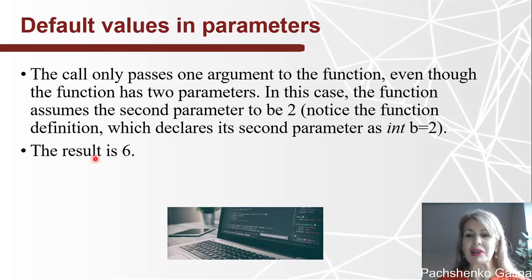In this case, the function assumes the second parameter to be equal to 2. Notice the function definition, which declares its second parameter as int b is equal to 2. And the result of calling this function will be 6.